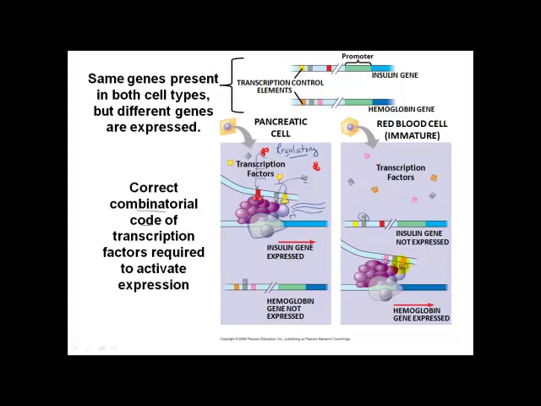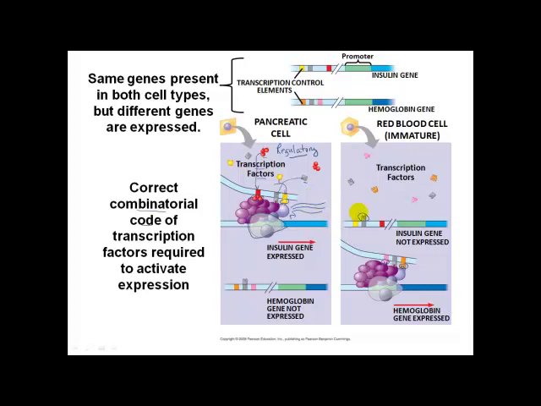These colors just representing different specific regulatory transcription factors that are involved in this process. So it's the specific combination of transcription factors that confers the specificity of regulation, right? And that's our combinatorial code.